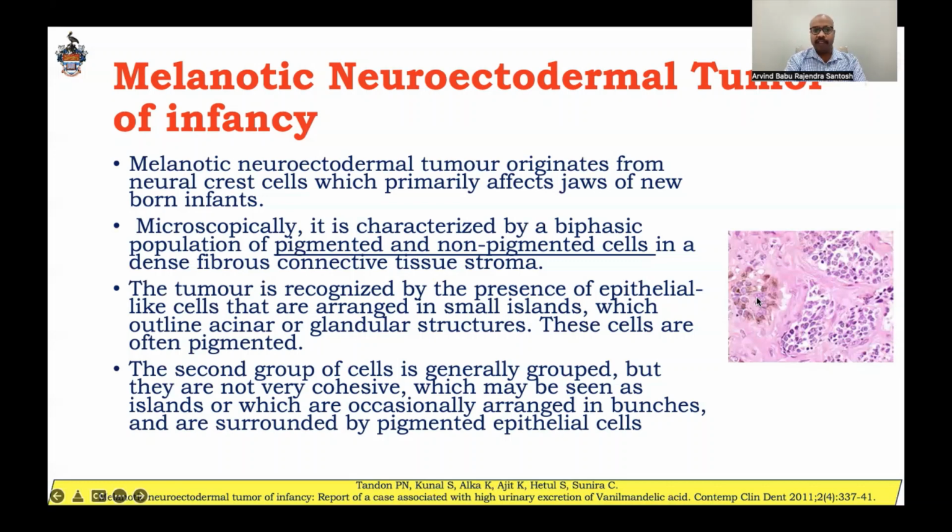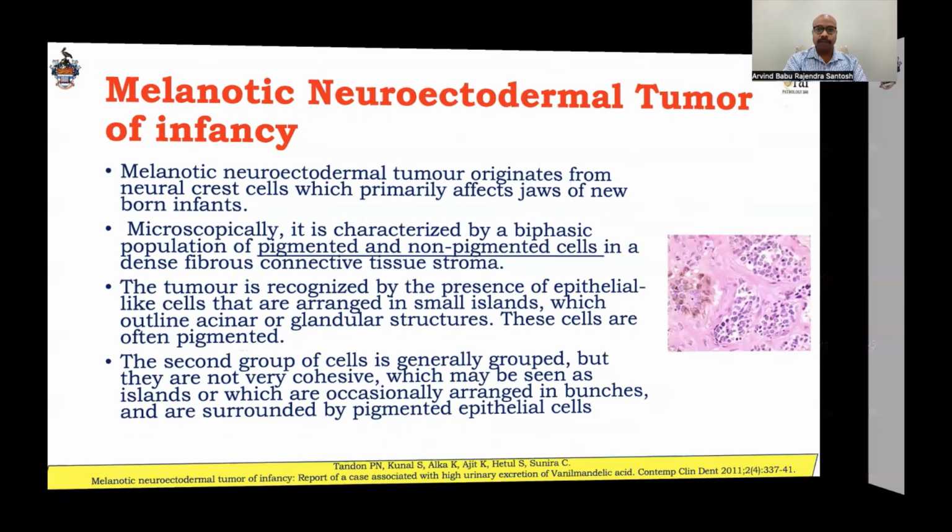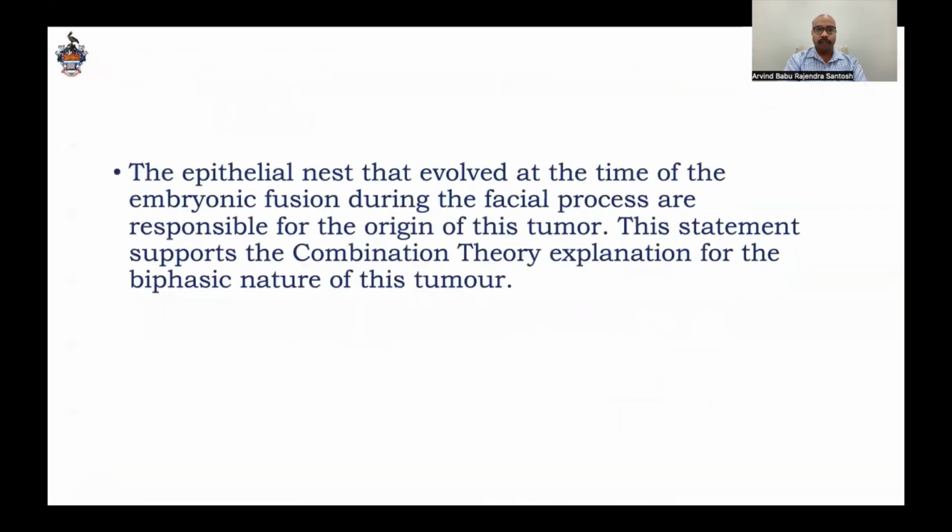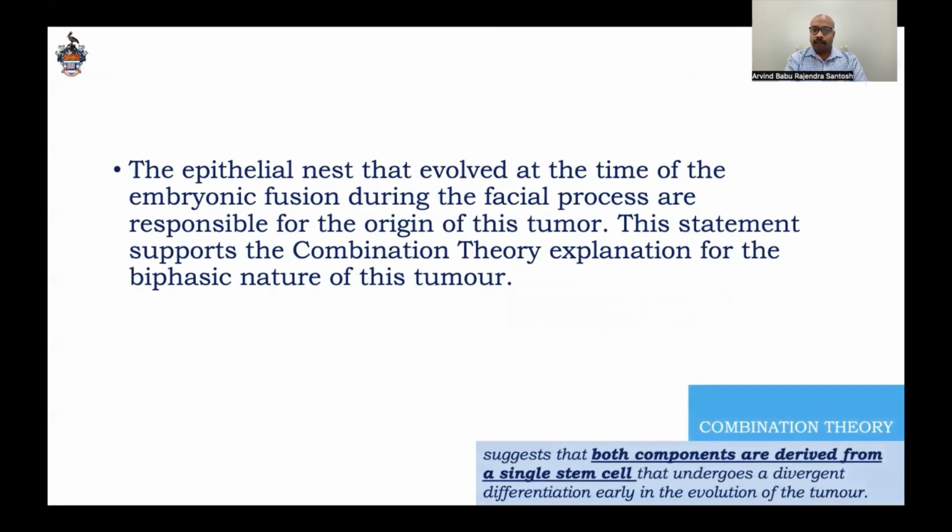The second group of cells is generally grouped, but not very cohesive, which may be seen as islands, or occasionally arranged in bunches or surrounded by the pigmented cells. The epithelial nests that evolved at the time of the embryonic fusion during the facial process are responsible for the origin of this tumor. This statement supports the combination theory and explains the biphasic nature of this tumor.